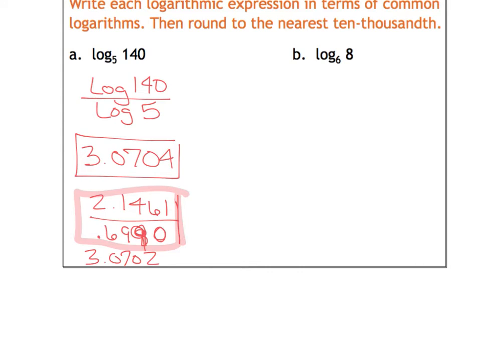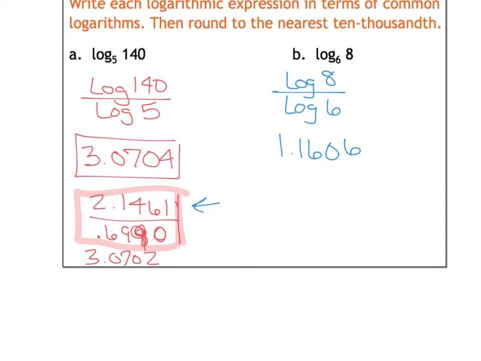All right, with the next problem, I'm going to rewrite this as log 8 over log 6. So again, I can type that right into the calculator. So log 8 divided by log 6. So that'll give me 1.1606. And again, I'll show you what you should get if you're using the process where you have to do it step by step.